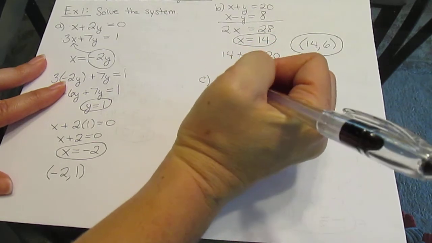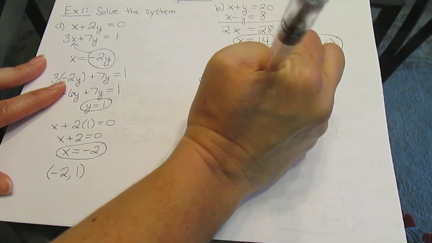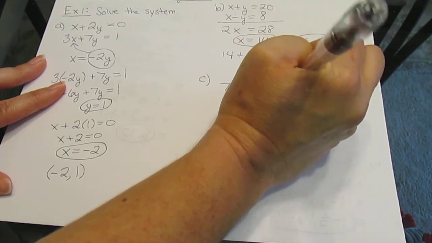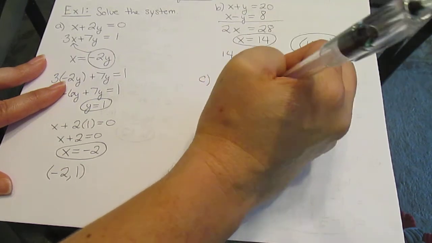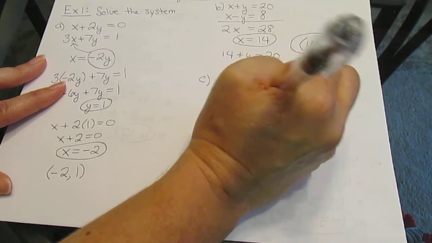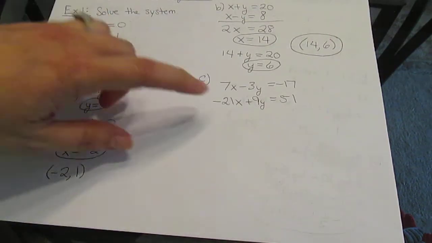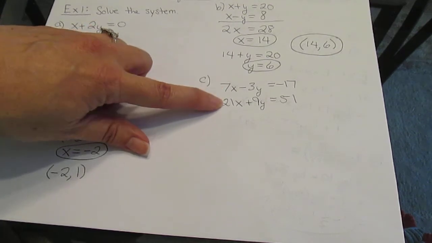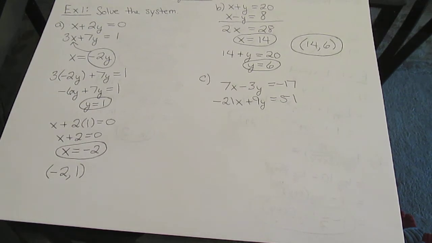Part C, I've got 7x minus 3y equals negative 17, and negative 21x plus 9y equals 51. Well, none of them have the same coefficient, opposite signs, but you are allowed to multiply any number you want as long as you multiply the whole equation by that number. It doesn't change your answer.